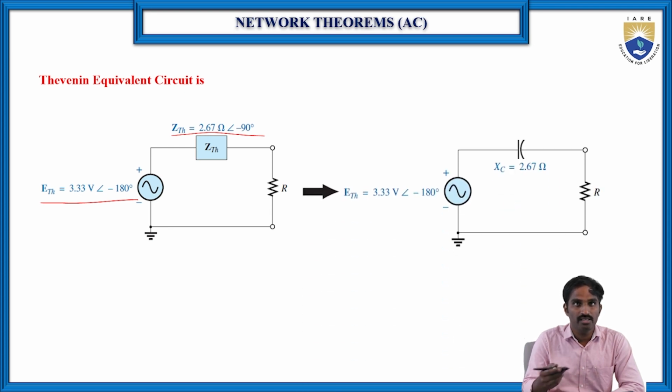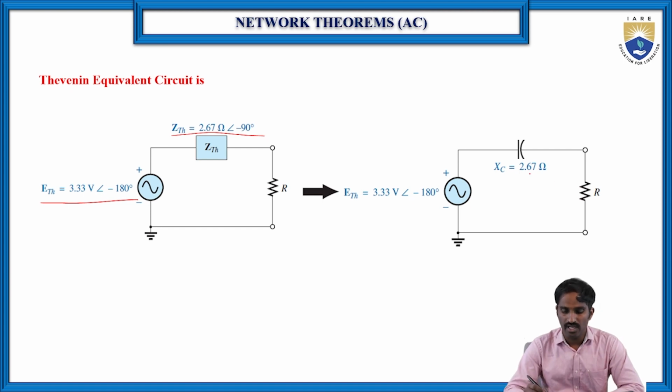In other words, because this is minus 90, we can replace it with a capacitive reactance. So E Thevenin's is equal to 3.33 volts at an angle of minus 180 degrees, and XC, the capacitive reactance, is equal to 2.67 ohms. So this is the way to apply Thevenin's theorem for AC circuits also.